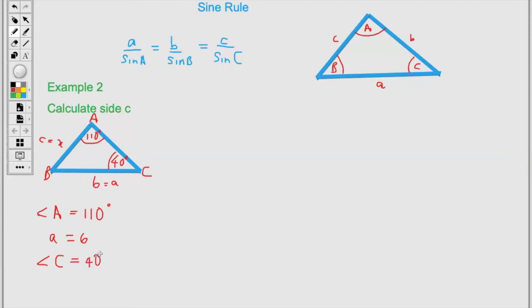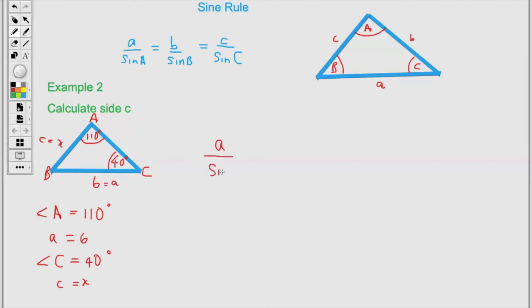And finally, we're trying to find the missing side c, which is labeled as x. Now from this information, you realize we're not having anything to do with side b or angle B. So we'll not use the middle part of the formula that says b over sine B. So the formula we're using is a over sine A is equal to c over sine C. So let me just record this.